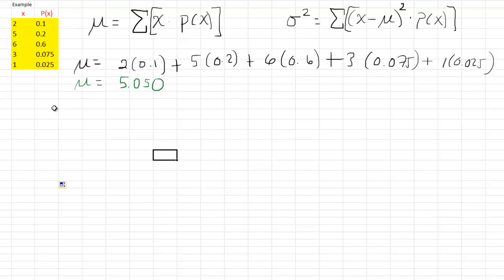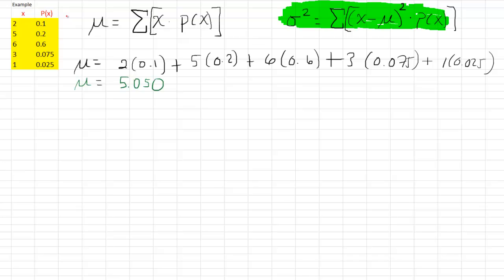Next, we want to compute the variance. So the variance is, as you can see up here, what this tells you to do is to take each individual x, or random variable, subtract it by mu, which we've just computed to be 5.05.